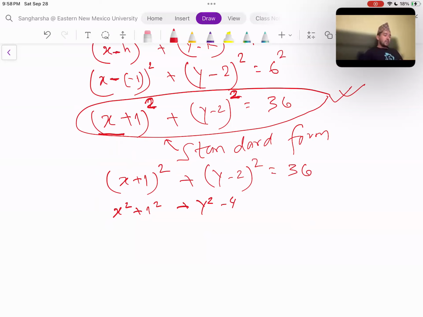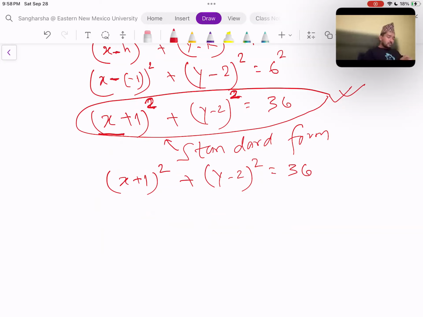So is (x plus 1) the whole squared equal to x squared plus 1 squared, and (y minus 2) squared equal to y squared minus 4? Do I have anyone who doesn't agree here? This is not correct. This is incorrect. This is not how we simplify.